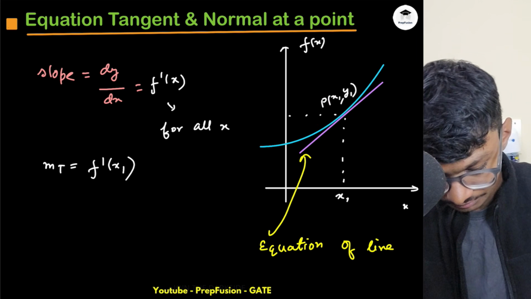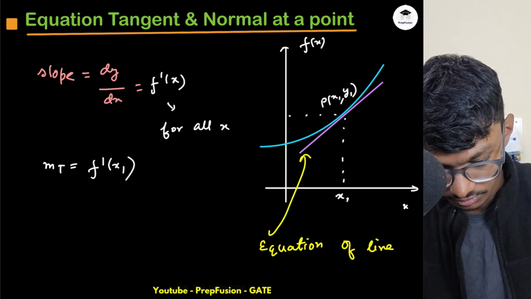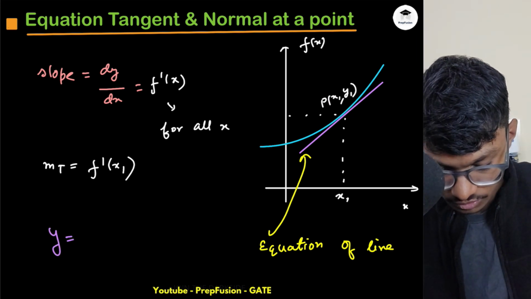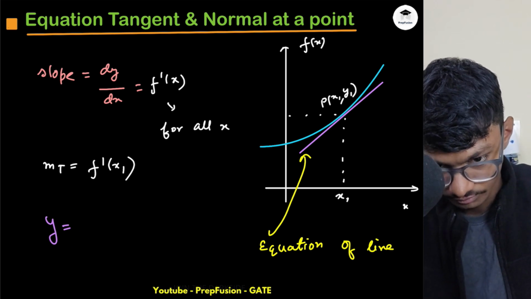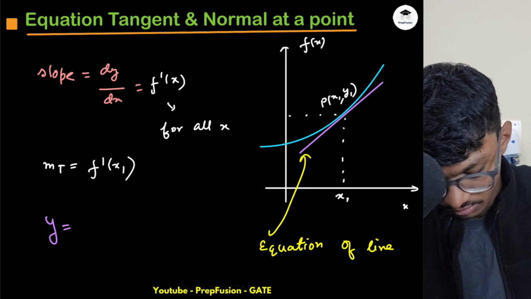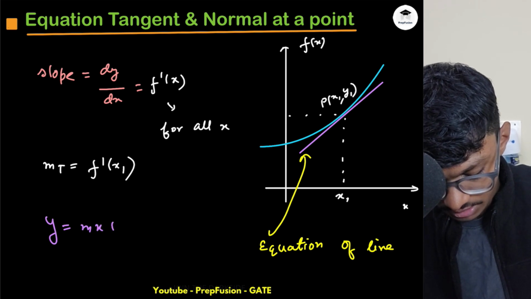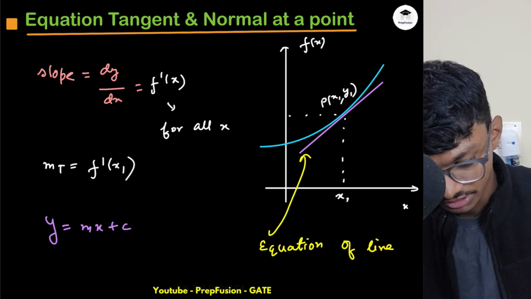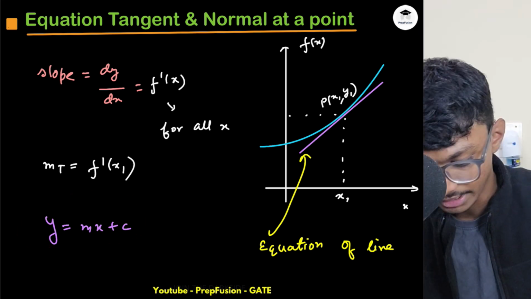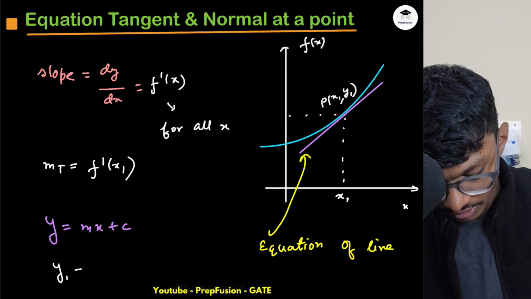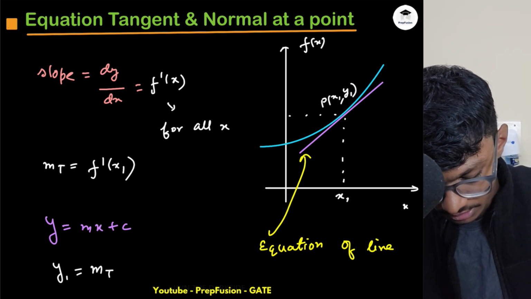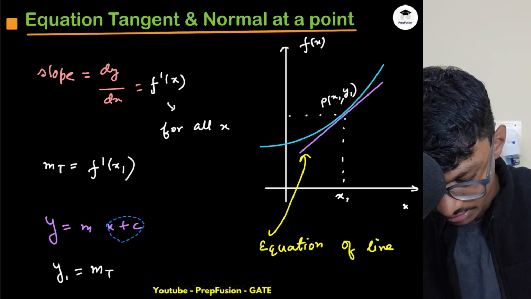So what I can write is y equals mx plus c. Okay, this is the line I'm talking about, and y1 should be equal to mt x1 plus c.